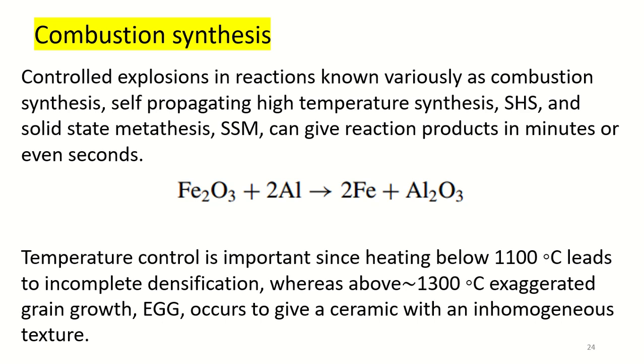This is actually the self-propagating high temperature synthesis, shortly known as the SHS technique, and it is the thermite process for the extraction of iron, in which the fuel aluminium and the oxidant Fe2O3 combine to generate temperatures of 3000 degrees Celsius for a brief period during the reaction.